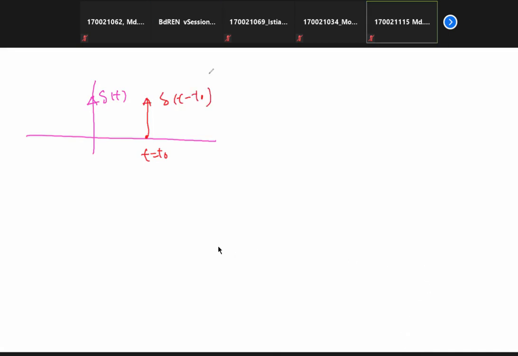Similarly, when your delta is going to the left, say it is at minus t0, then it will be delta t plus t0. Fine. But the area will remain the same, okay? The area of the delta function will be equal to unity. If we associate this delta function with an amplitude, that is the strength, then the area will be the strength of your delta.